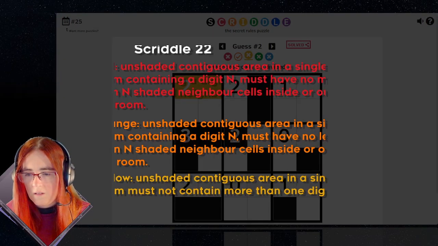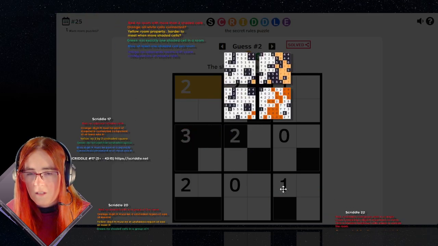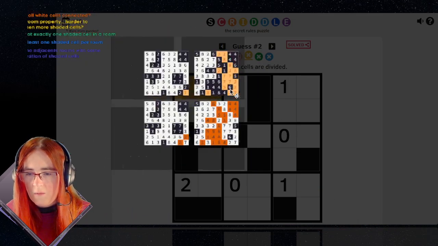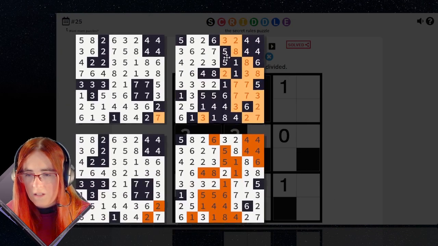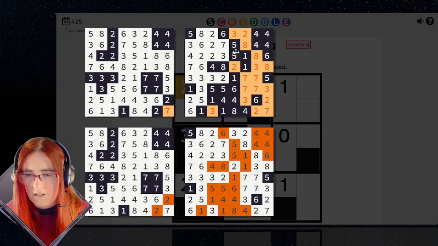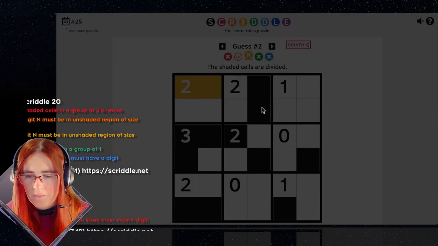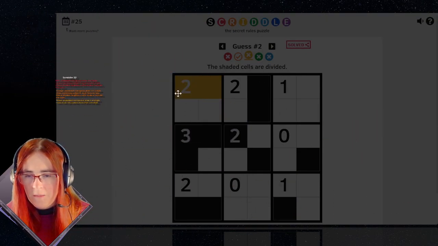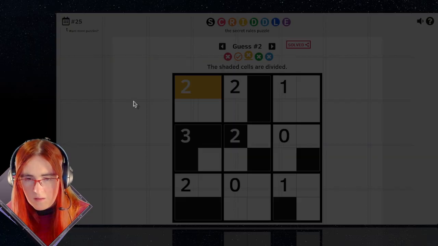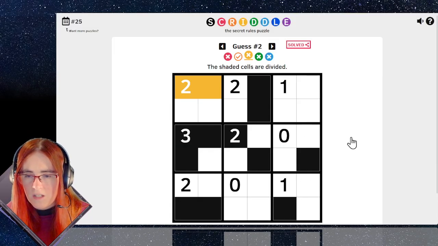Let's see. I drew some diagrams for this. Yeah, this was feedback on a previous one. Maybe that's slight spoilers for that one. Let me just draw a fresh diagram. Or even let's screenshot this and we can talk about it.